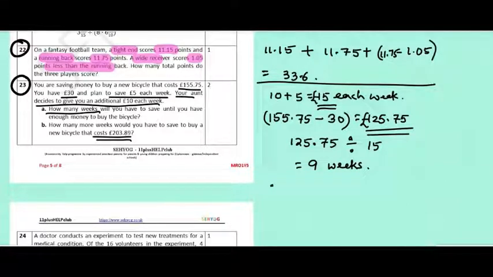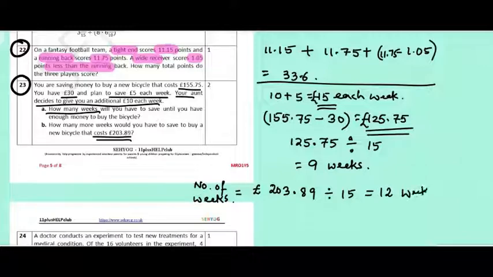So we have to find out the number of weeks we need for a cycle of 203.89 pounds. So number of weeks will be divided by 15 again, which will come to be 12 weeks.